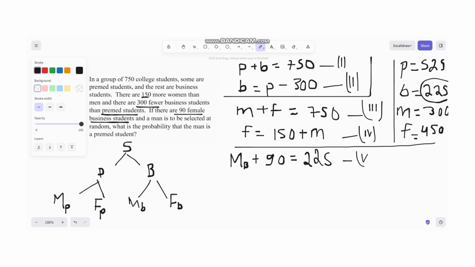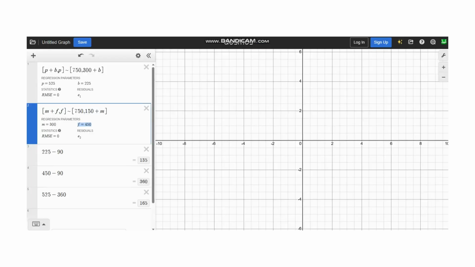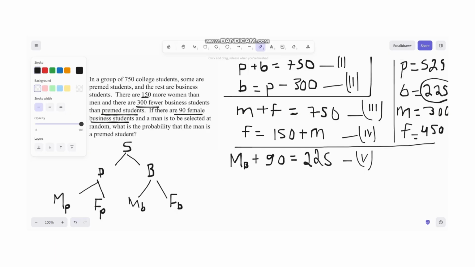This is equation 5. And when you solve this, you'll get the number of male business students is 135. Number of male business, notice we're talking about only business students that are male. That is 135.